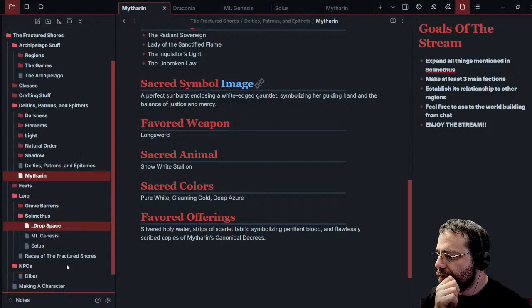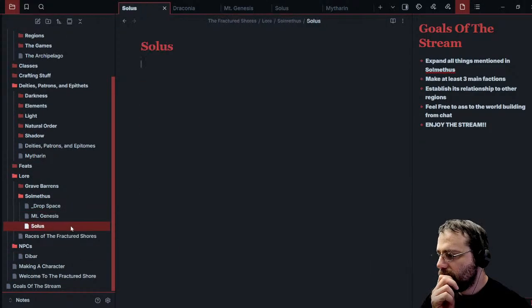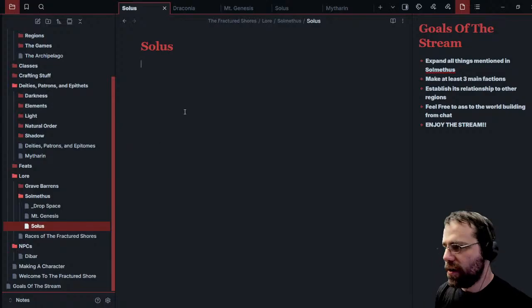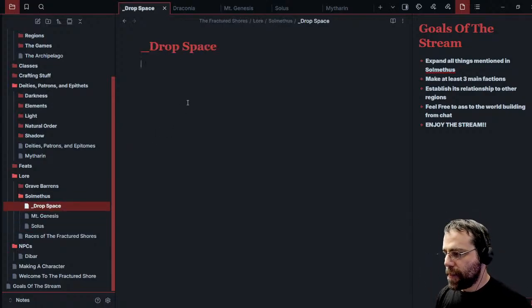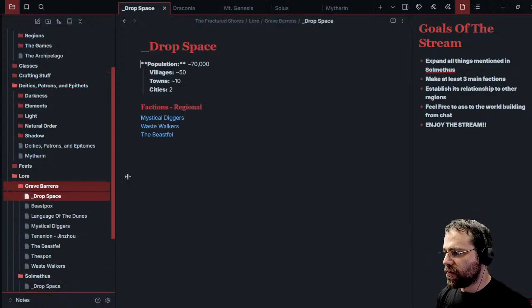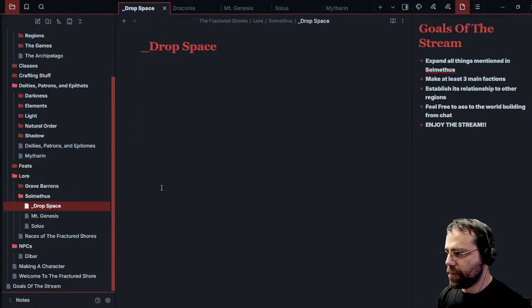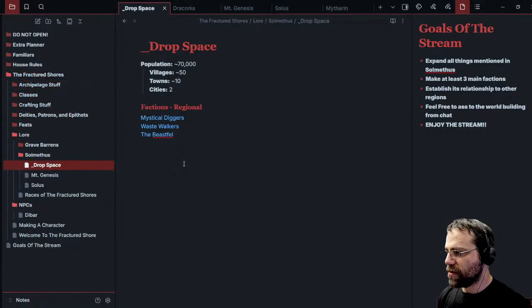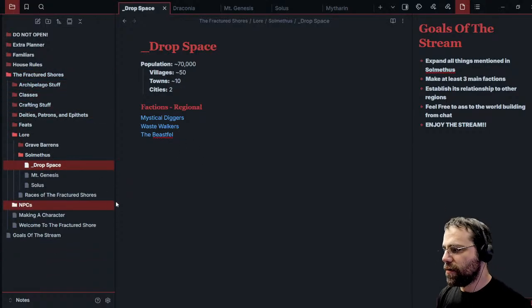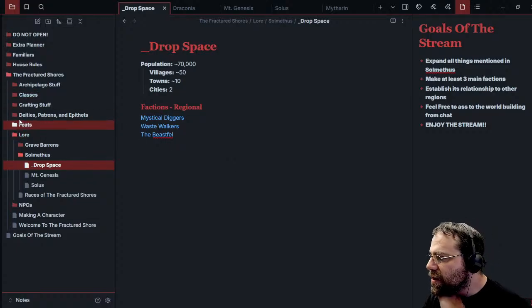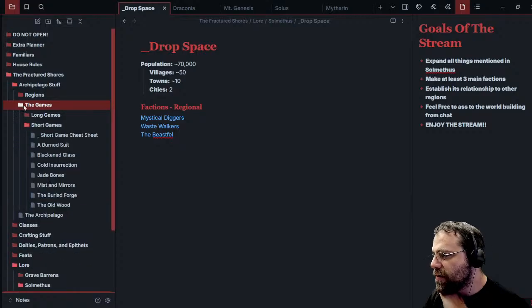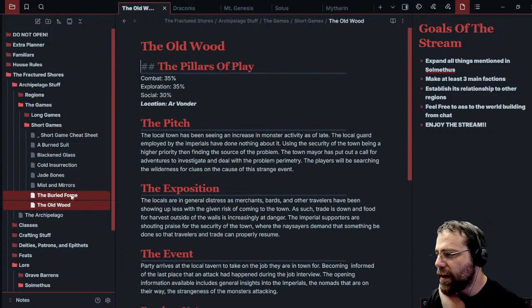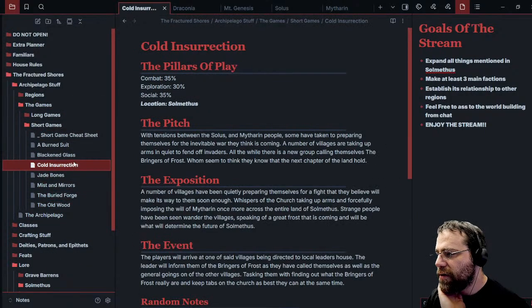Alrighty. So, we have... how did I do the drop space for this? I'm just going to copy-paste it so that I know how I did it last time. We can close this for now. Close this. Oops, nope. Close this, sorry. Close it. NPCs for the time being. Alright, and then we need archipelagos in the games, in the short-term games, we have... Where is the one for Solmethus?